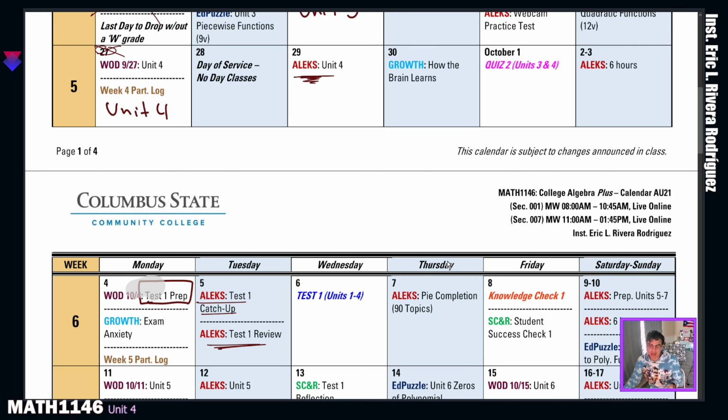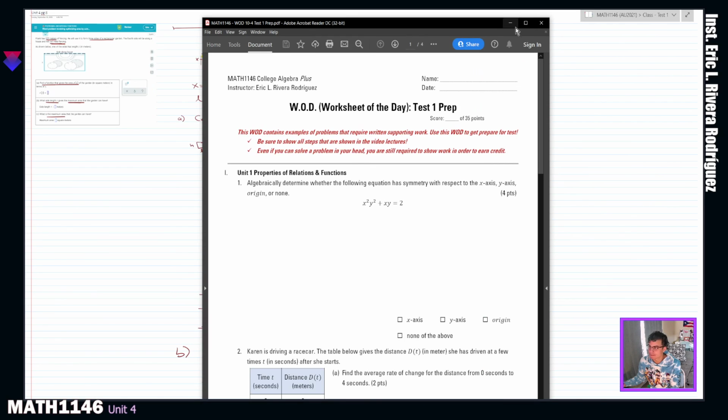More than that, we also have the worksheet of the day 10-4. The title of that worksheet of the day is test 1 preparation. So if I can get that here.